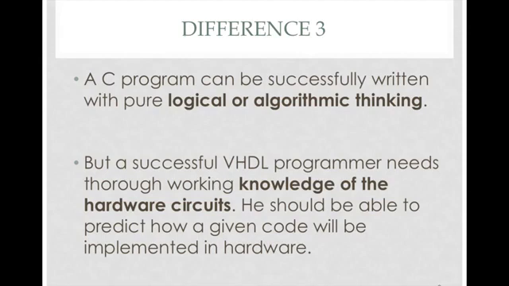The third difference is a C program can be successfully written with pure logic or algorithmic thinking, but a successful VHDL programmer needs thorough working knowledge of the hardware circuits. He should be able to predict how a given code will be implemented in the hardware.